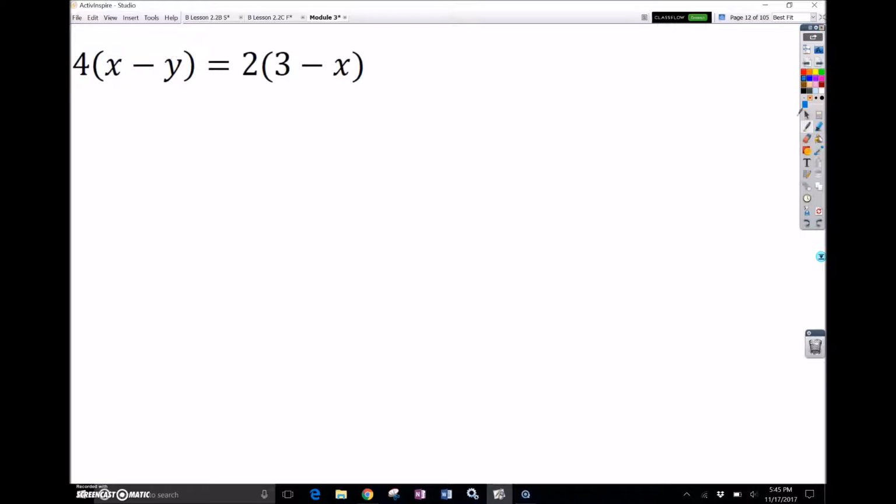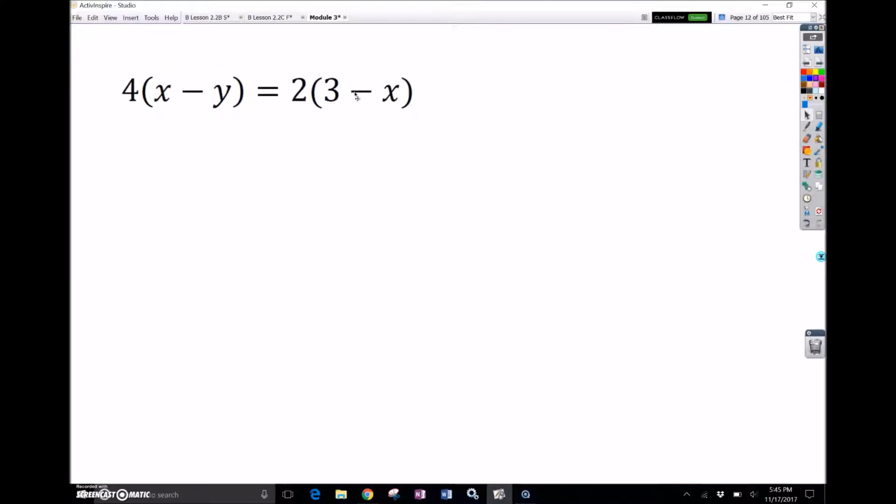All right, now the next one looks nothing like standard form, so I have to do a lot of work with this one. I can either distribute the 4 and distribute the 2, or I could divide both sides by 2. The quicker way would be just divide both sides by 2, but students tend to distribute first, so I'll go ahead and do that with you guys.